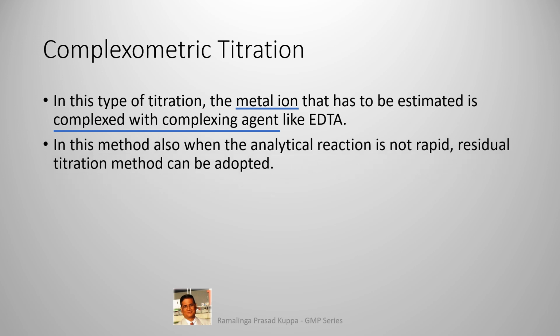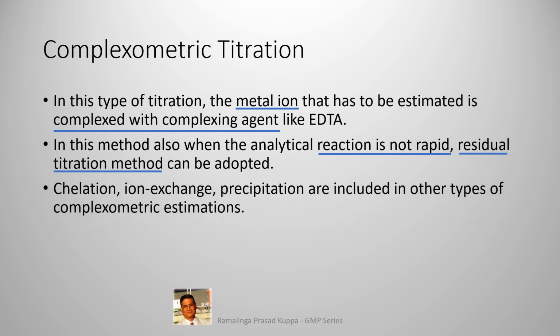In this method also, when the analytical reaction is not rapid, the residual titration method can be adopted. Many complexometric titrations are carried out by the residual method. It helps complex formation go to completion.